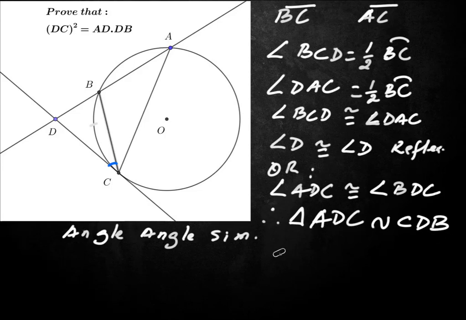If we take AD, the longer side of the big triangle DAC, and divide it by its corresponding side on the small triangle, DC, it is also equal to the side of the big triangle, DC, over its corresponding side on the small triangle, which will be DB.